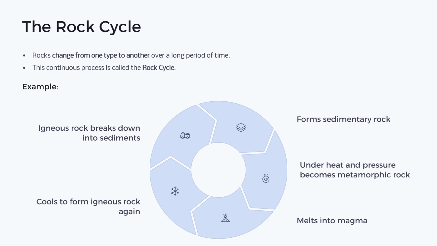For example, you can see on the screen there is a cycle given here, and you can see how igneous rocks break down into sediment, then how the sediments form sedimentary rocks, then how heat and pressure make the rocks get converted into metamorphic rock.